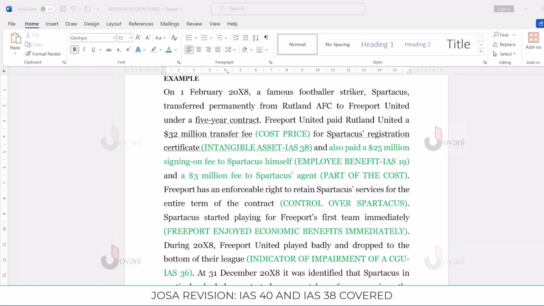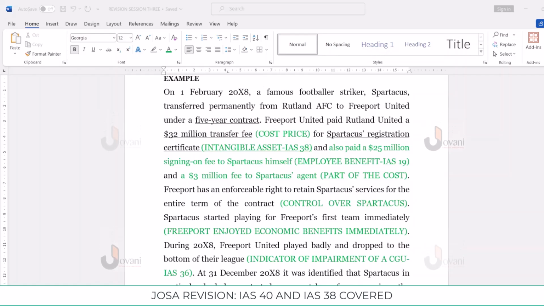So what you do, you just state something from the standard, apply from the case scenario, then conclude. Whatever I have put in green under IAS 38 and 36 should appear in your answer.